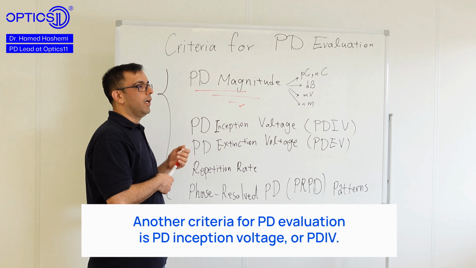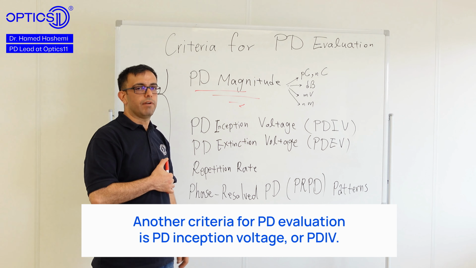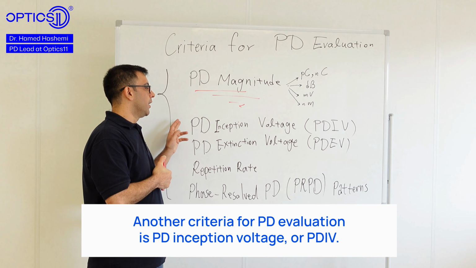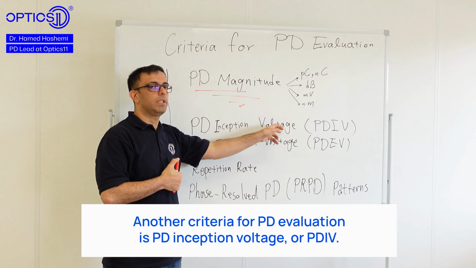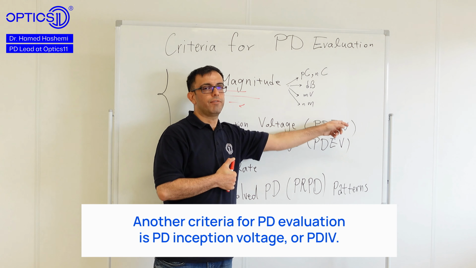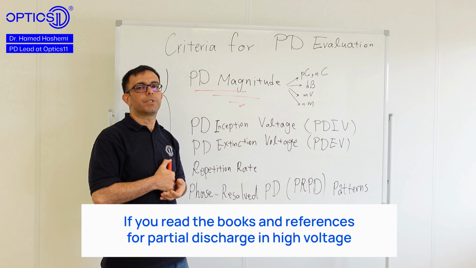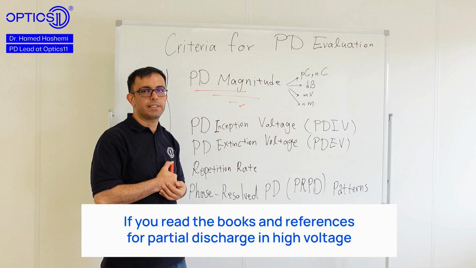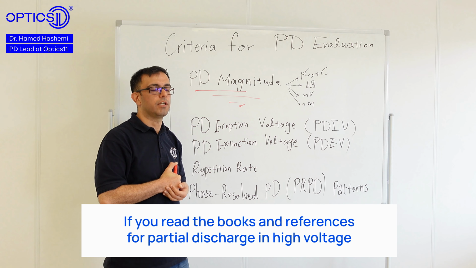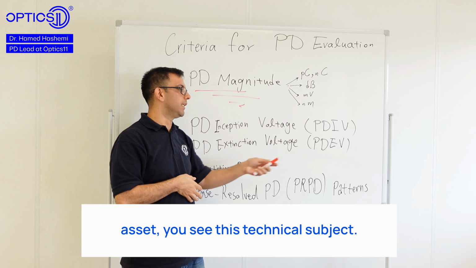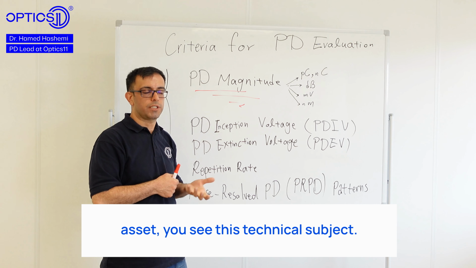Another criteria for PD evaluation is PD inception voltage or PDIV. If you read the books and references for partial discharge in high voltage assets, you see this technical subject.